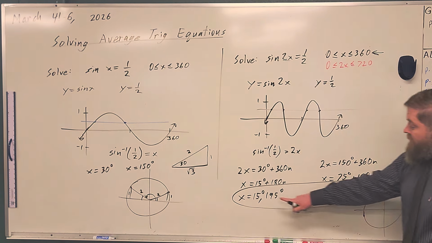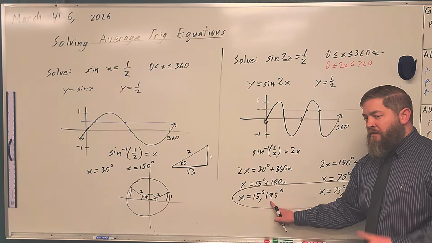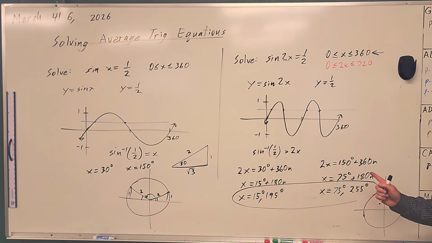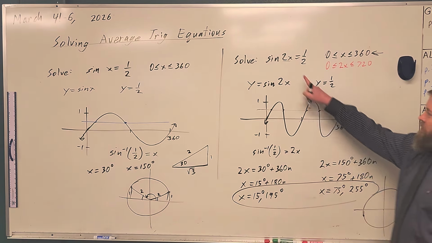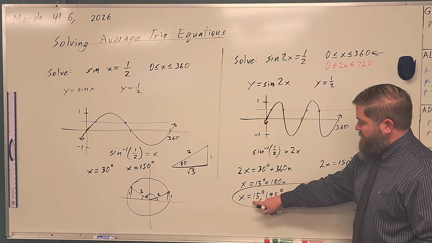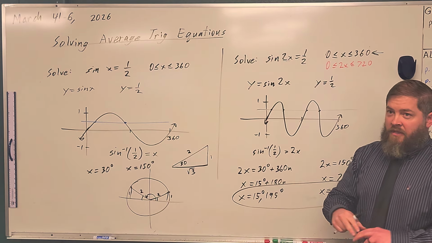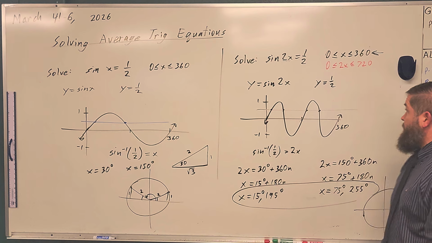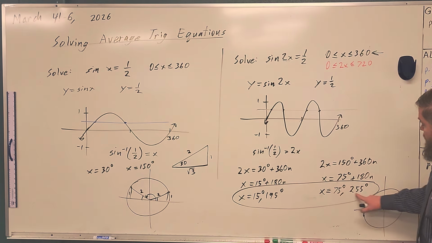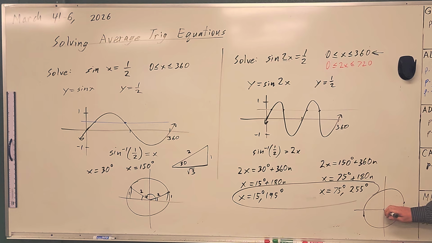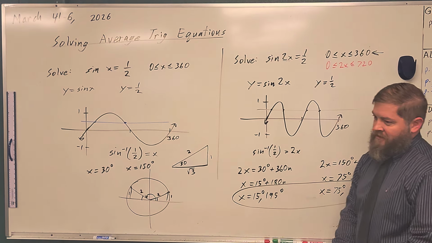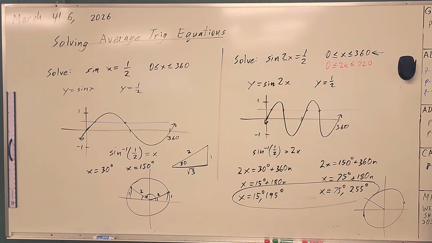A half. So these two angles really represent a 30-degree angle, right? It's just that we're doubling them. So both of these, once we double them, are giving me a sine of 30, which is a half. These two over here are both giving me the 150 angle, when I double them.